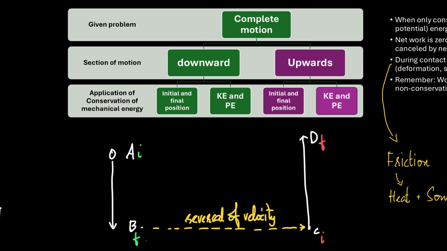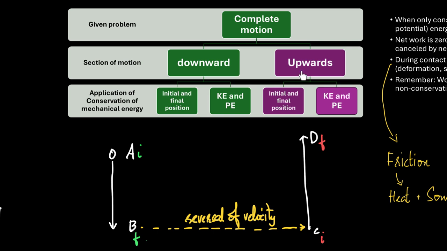So like we did in the work energy theorem, we'll divide the complete motion into downward motion and upward motion. In the downward motion, we'll apply conservation of mechanical energy from the initial to the final position and then find out the corresponding kinetic energy and potential energy, which was work done, force and displacement, in the work energy theorem.